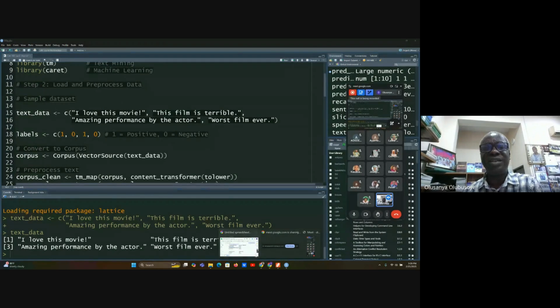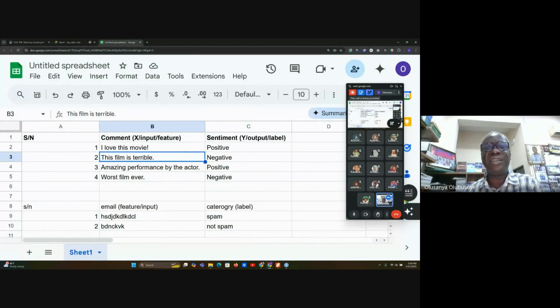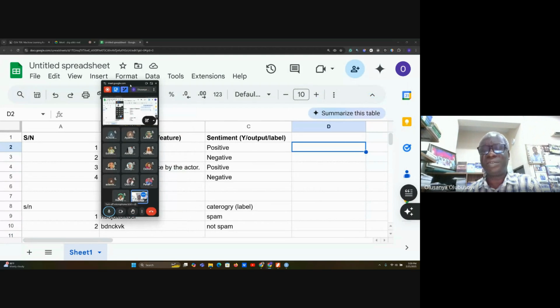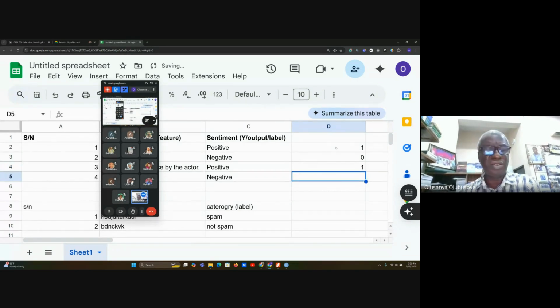That's why here the first one ordinarily should be 1. So this should be 1. This should be 0. This should be 1. This should be 0.